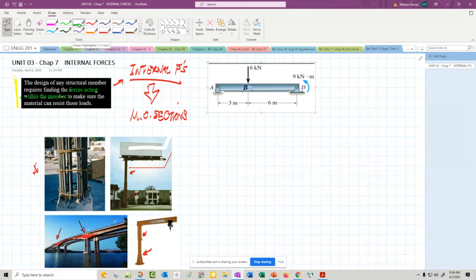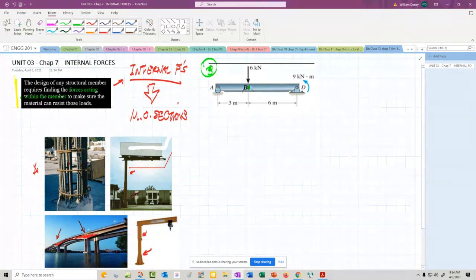Earlier we did sections of the trusses. We wanted to know certain members. Now we want to know a certain point. And in this one, we're looking at point B. B is going to be our point of interest. We're most concerned with what's happening within the structure of the beam, right below that 6 kilonewton load. Why? Because beneath loadings is where we see potential for changes, deflection, possibly deformation, and then possibly resulting failure.